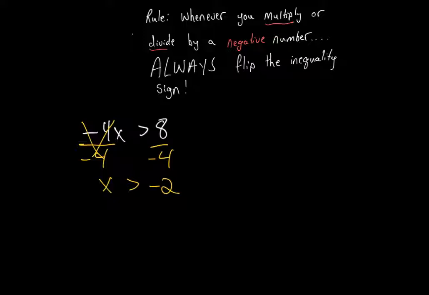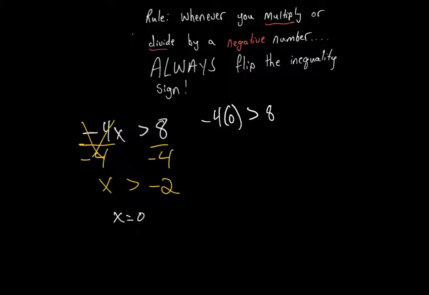You try this with me, okay? I'm going to choose 0, because 0 is bigger than negative 2. And I want you to take your number and I want you to plug it in up here to our original problem. Negative 4x is greater than 8. Okay? So we have negative 4, and then my x is going to be 0 is greater than 8.